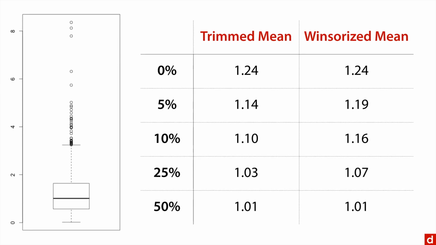When we trim 50%, that actually means that we're leaving just the median. Only the middle score is left. Then we get 1.01. What's interesting is how close we get to that even when we have 50% of the data left. And so that's an interesting example of how you can use robust statistics to explore data even when you have things like strong skewness.